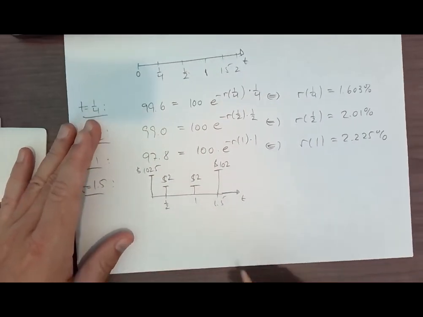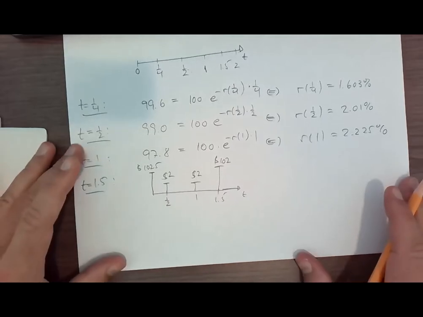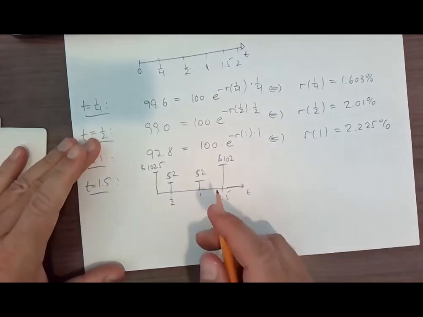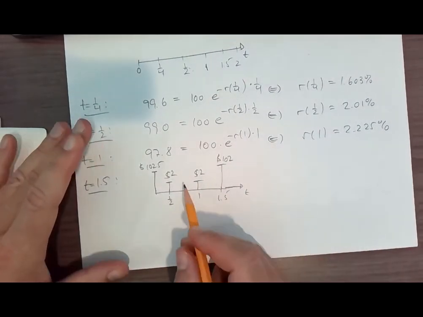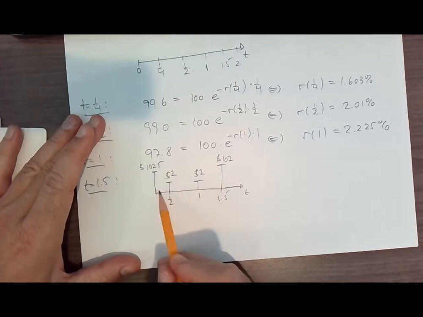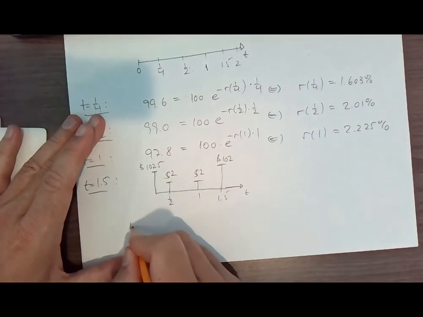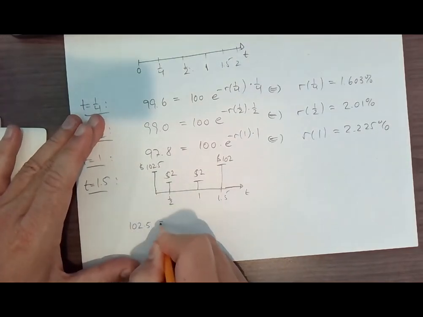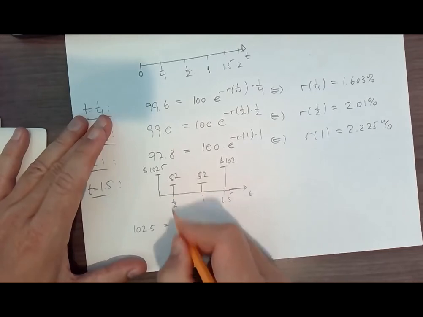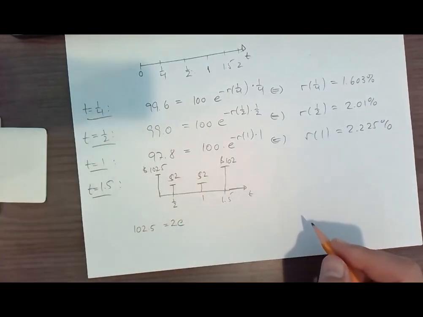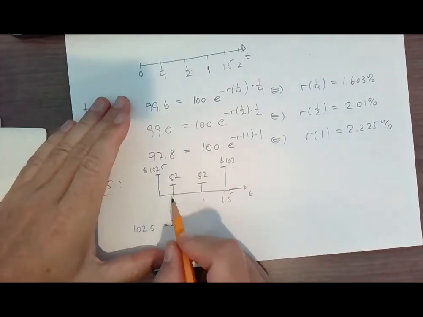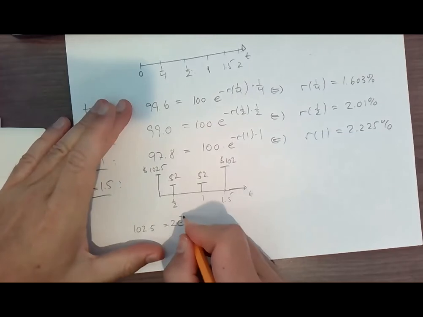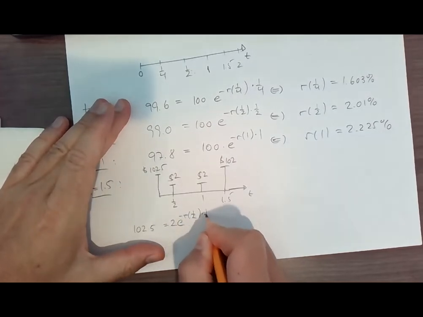So how would we go about doing this? Well, we use the same formula as before. This is a risk-free bond. So we move these payments to time 0. So I'll write 102.5. And then I need to discount the 2. And I'm using continuous compounding. So this is e to the minus the interest rate that works at time a half, r of ½ times a half.